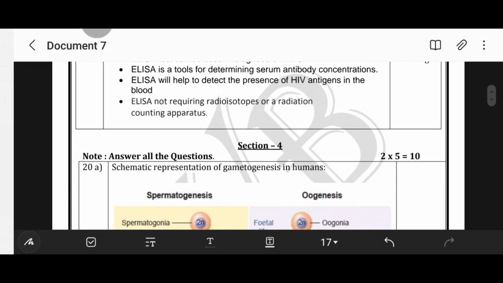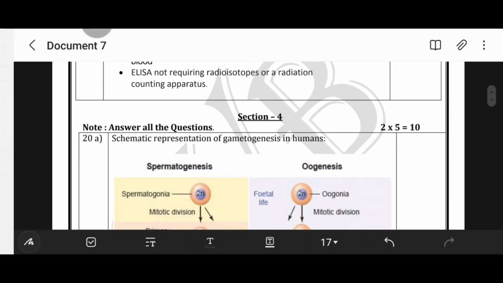Next, section 4, question 20A: schematic representation of gametogenesis in humans. In our second chapter, the book question is the schematic representation of oogenesis and spermatogenesis in humans. Gametogenesis means the formation of gametes, ova and sperm.